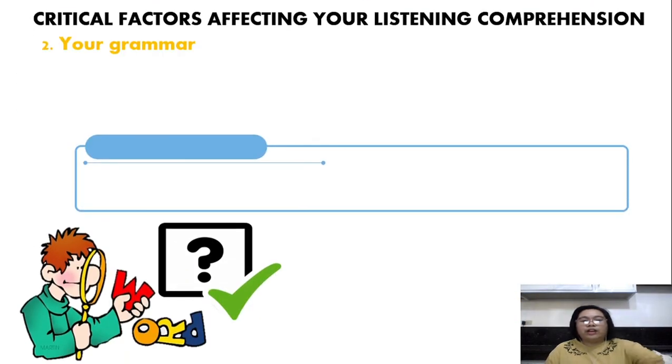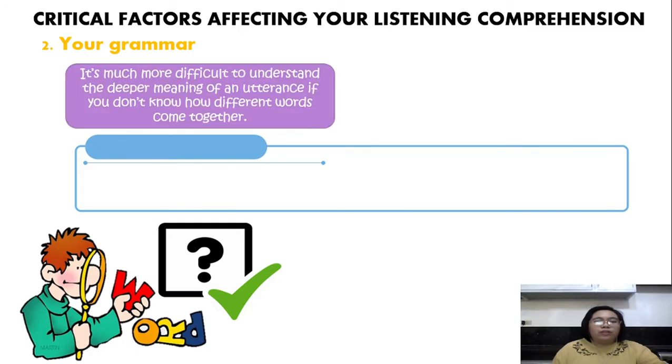So the next factor that can affect your students' listening comprehension is the students' knowledge about the grammar. It's much more difficult to understand the deeper meaning of an utterance if you don't know how different words come together.